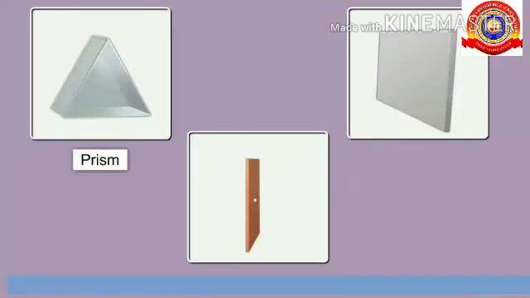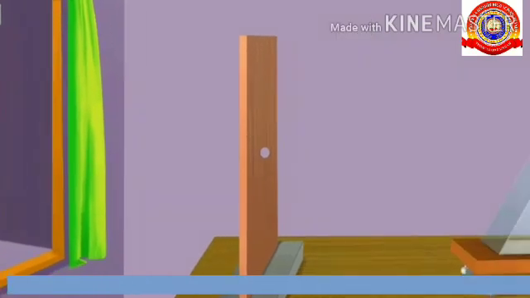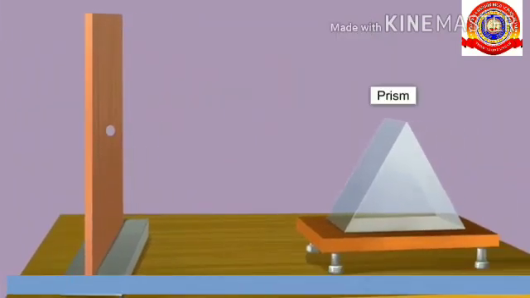Let's look at an activity using a prism. Place a cardboard with a hole at its center at a position such that the sunlight falls directly on it. Next, keep the prism such that the light passing through the hole of the cardboard falls on the surface of the prism.